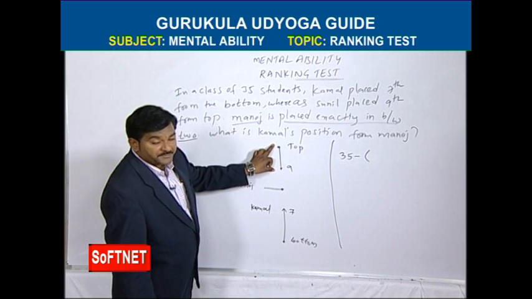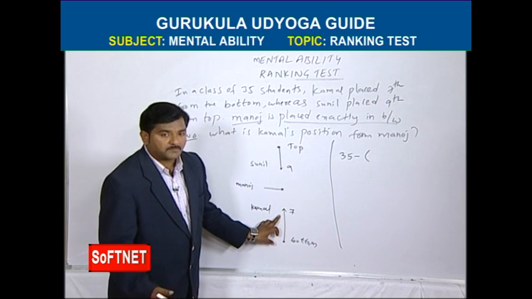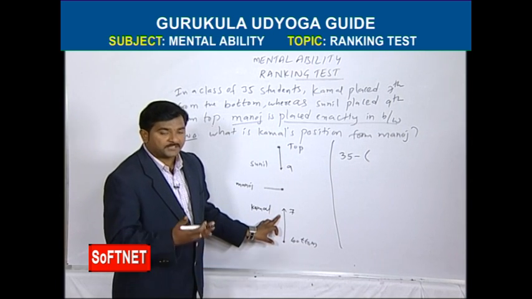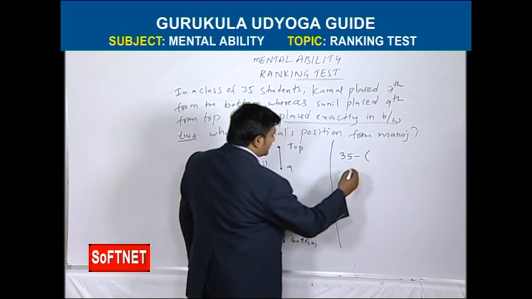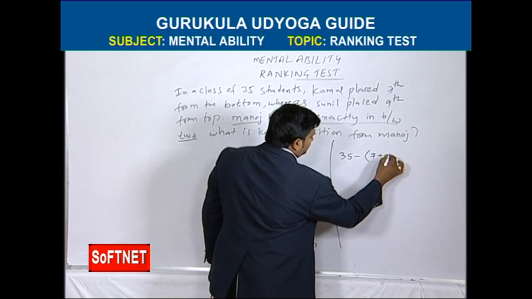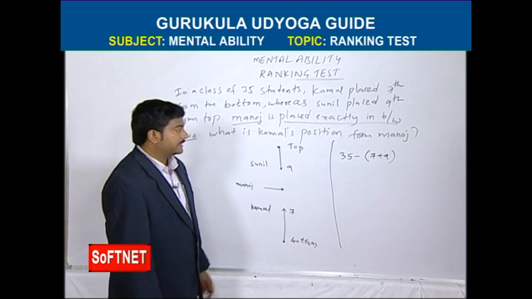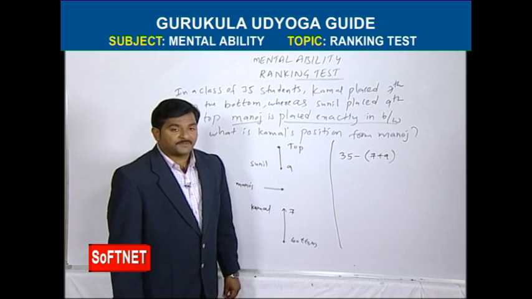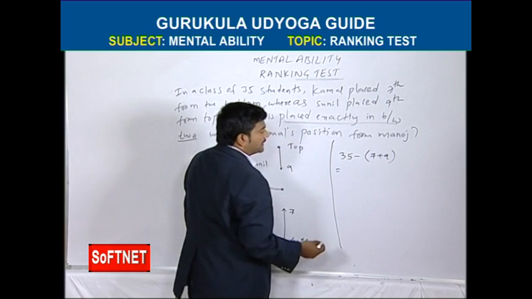Here 9 persons are on top, 7 persons are at the bottom. What does it mean? 7 plus 9, total how much am I getting? 16. From 35 subtract 16.